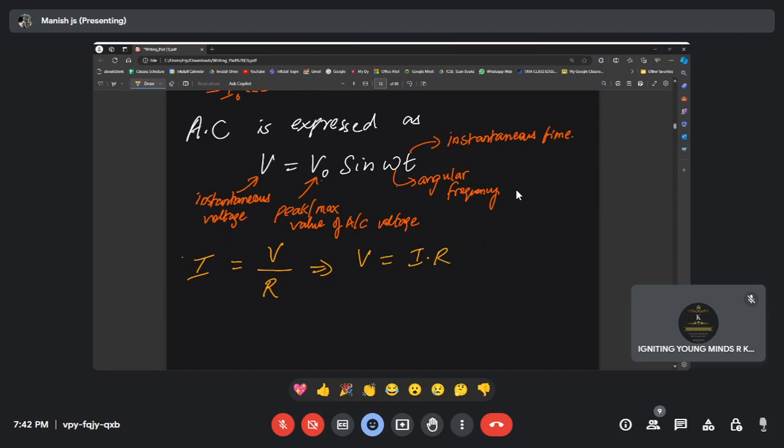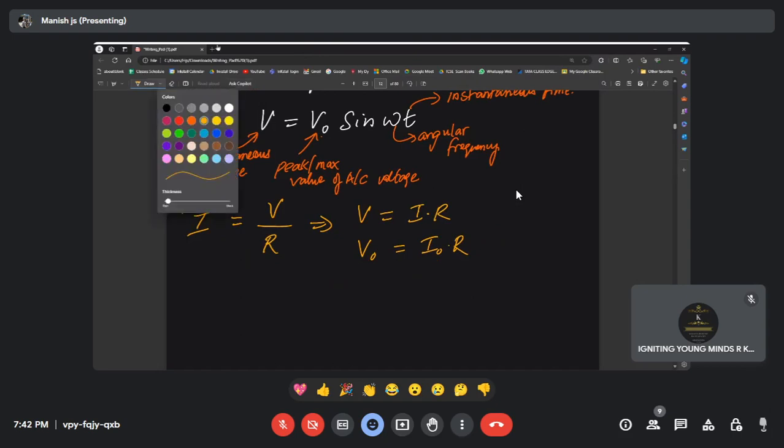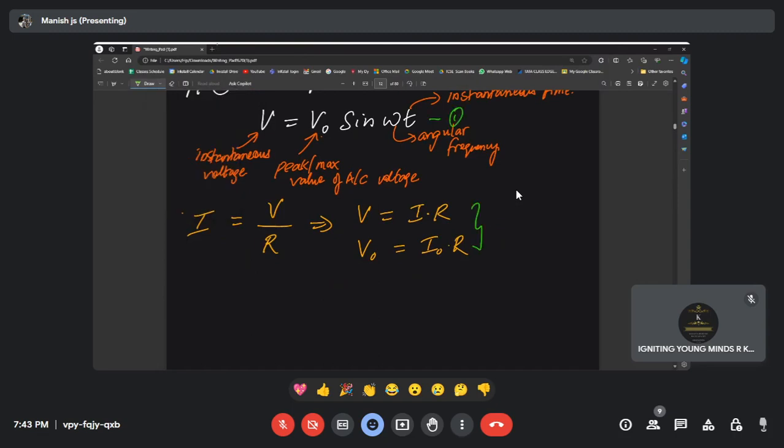In the same way, for peak voltage, you can write V naught is equal to I naught into R. In terms of peak voltage, this expression can be written. Now go and substitute these values in the first expression. Let me mark the first one as equation 1, and this as 2.